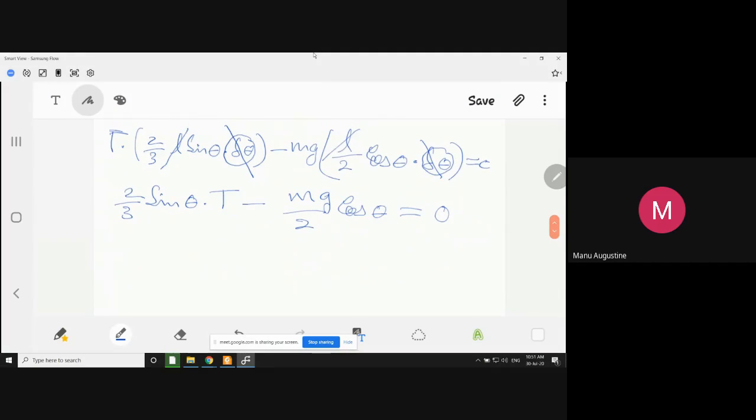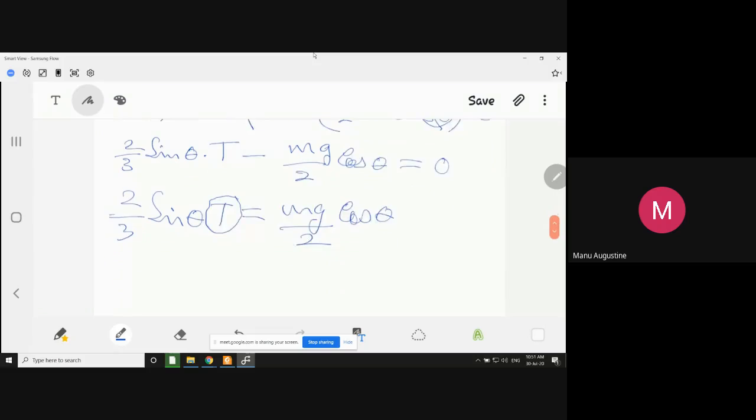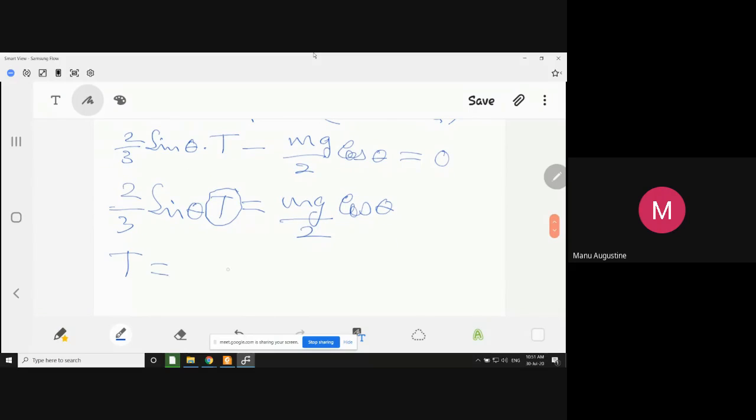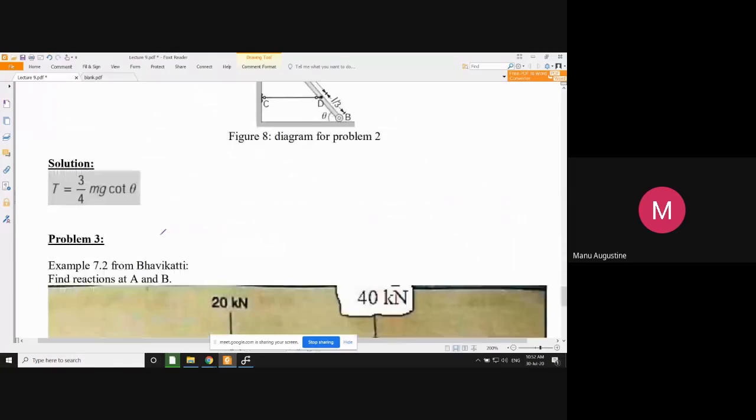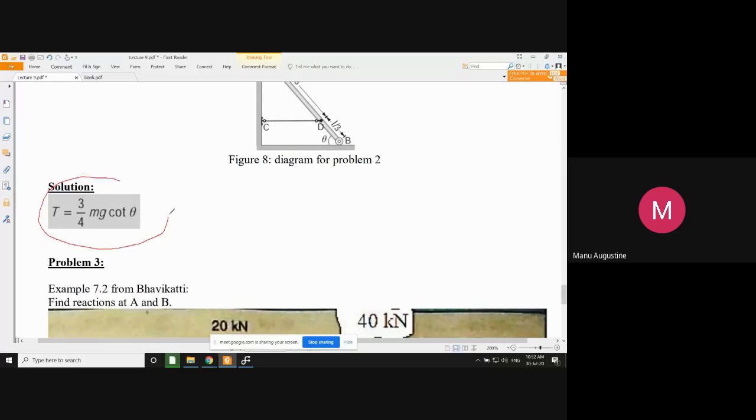So I will take the negative quantity to the right hand side. 2 by 3 sin theta into tension is equal to mg cos theta by 2. Our objective was to find the value of tension T. What do I get? T is equal to 3 by 4 mg cot theta. Am I right? Is this correct or not? Yes, sir. Let us check the answer. 3 by 4 mg cot theta.